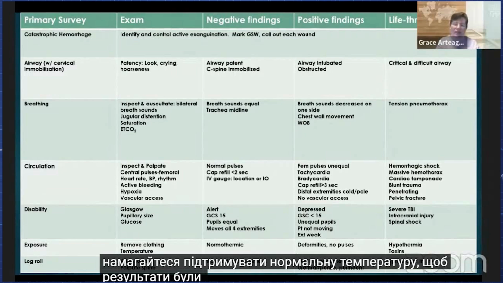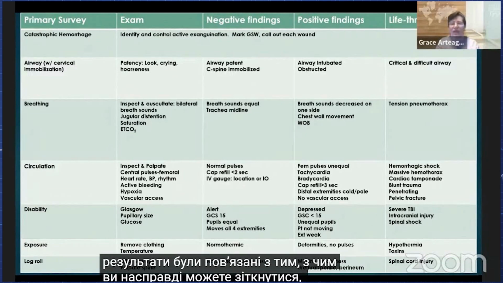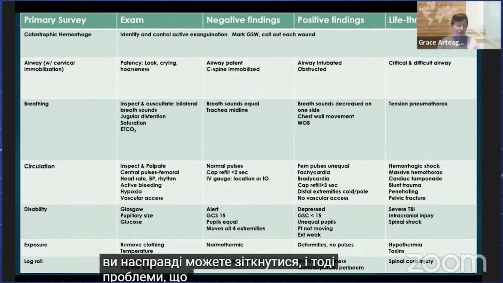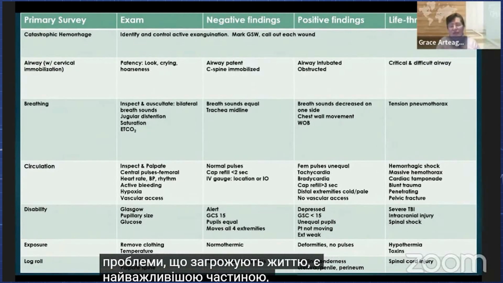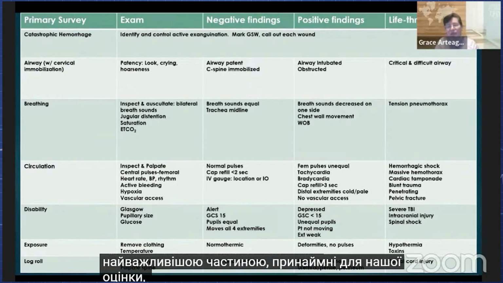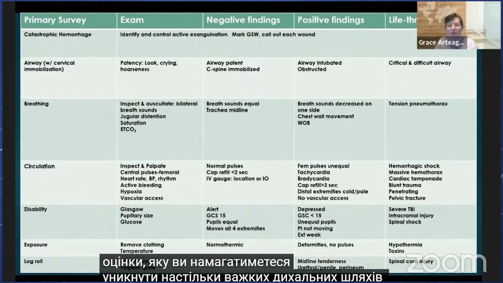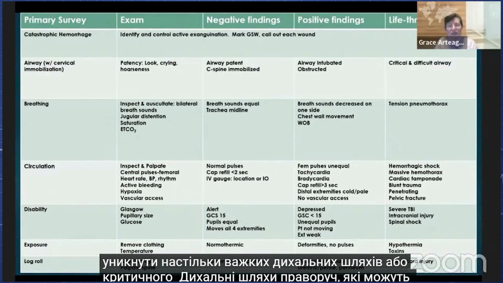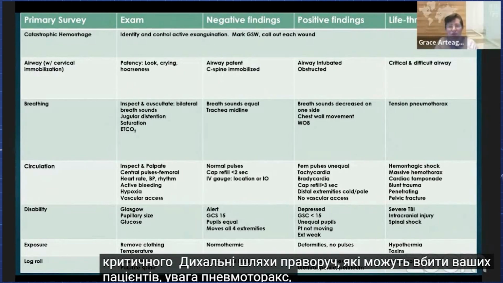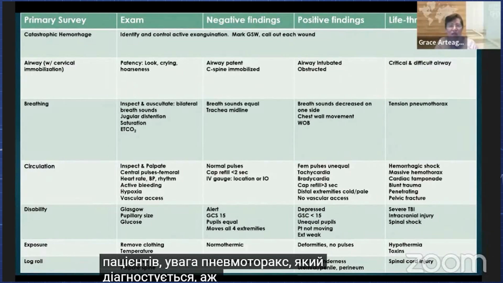So the findings are associated with what you can actually encounter. And then the life-threatening issues are the most important part, at least for our assessment, that you're going to try to avoid. So a difficult or critical airway can kill your patient. A tension pneumothorax that goes undiagnosed.